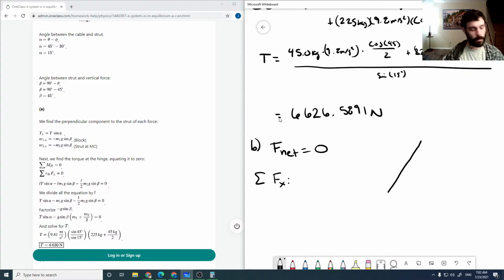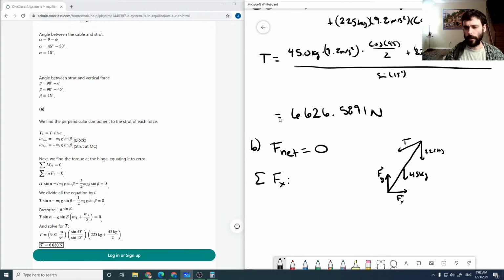So we have our strut, we have our tension, we have our 225 kilogram, we have our 45 kilogram, and then we have our hinge forces in the X and the Y. Okay?